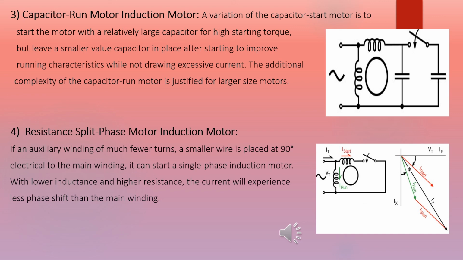The fourth one is a resistance split single phase induction motor. Here, the auxiliary winding of fewer turns is placed at 90 degrees electrical to the main winding. You can see in the figure, the main winding is there and the auxiliary winding is used. The auxiliary winding has fewer turns as compared to the main winding.